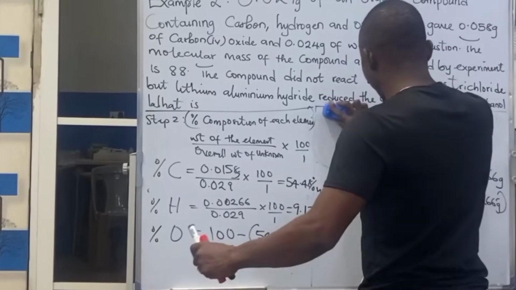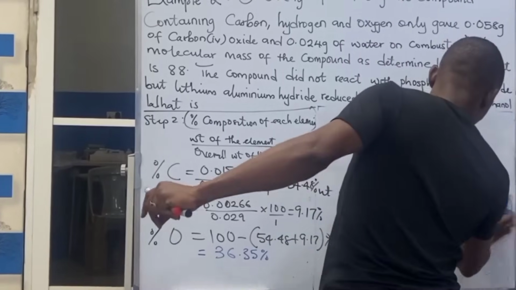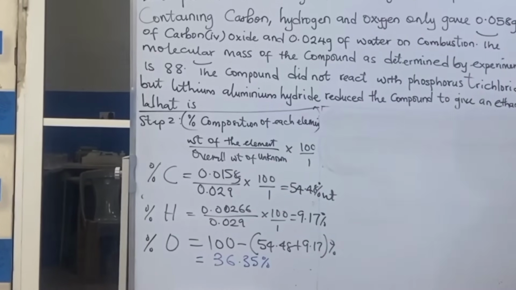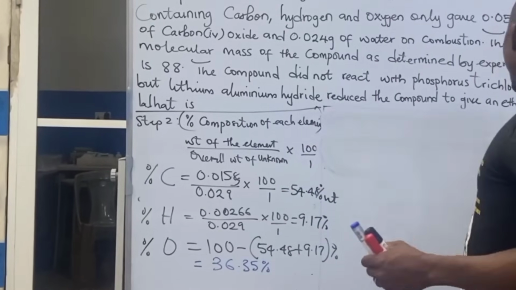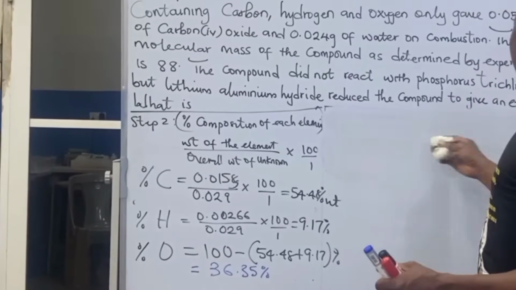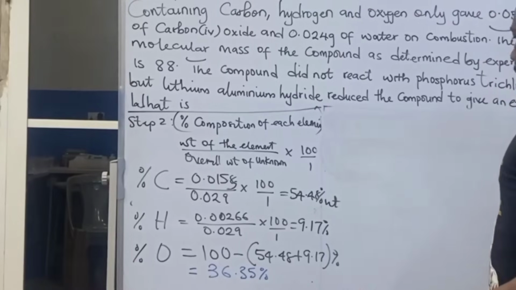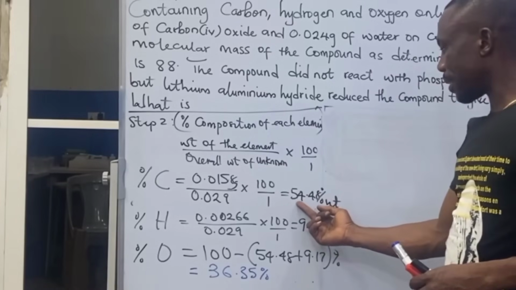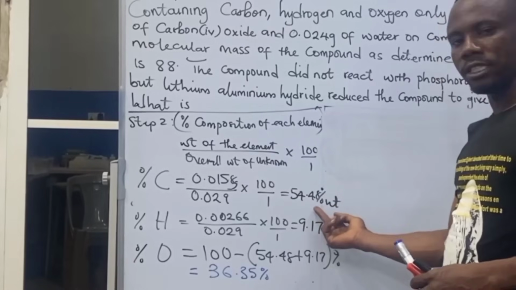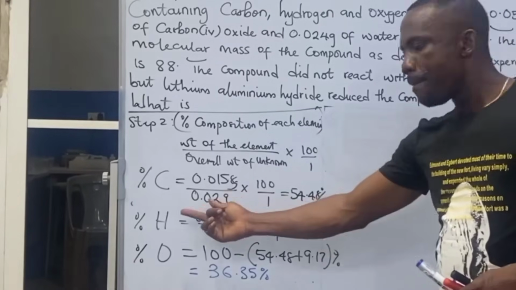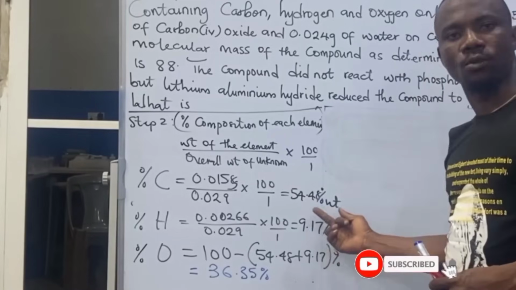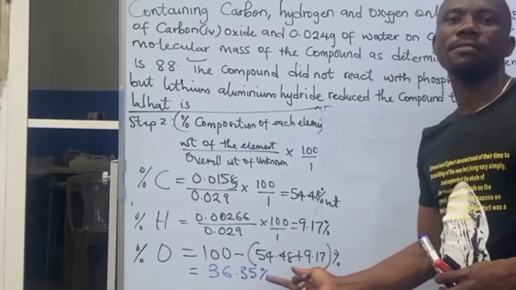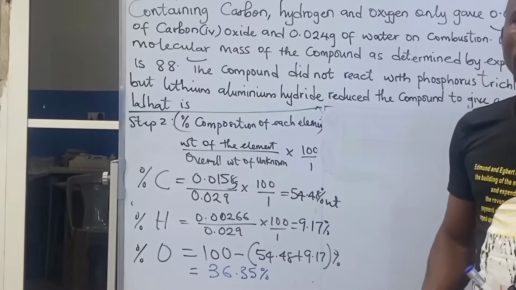Question A has been answered successfully. From question A, the percentage composition of carbon is 54.48, hydrogen is 9.17, and oxygen is 36.35.